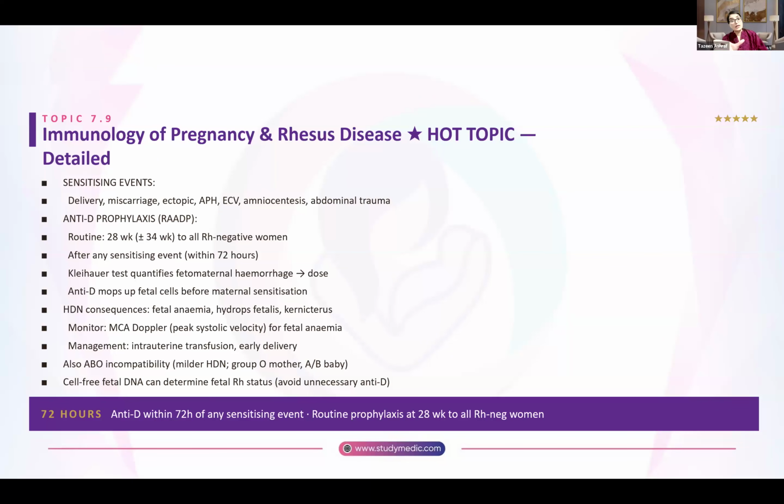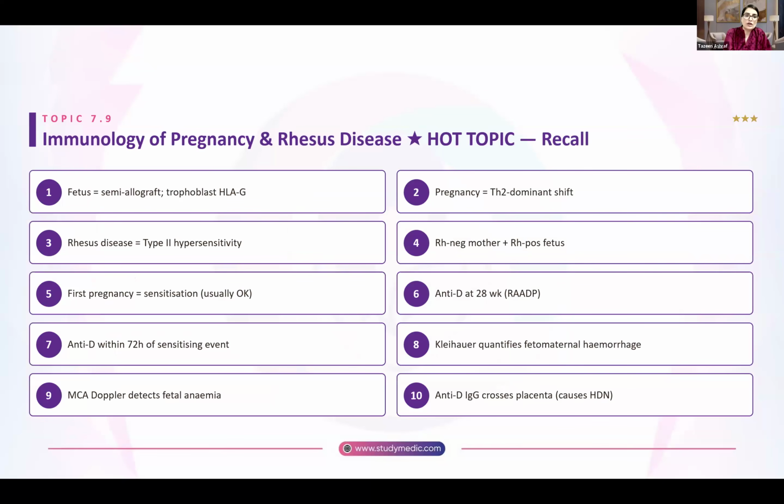If after 6 weeks there is another sensitizing event, even though you have given prophylaxis, you again have to give anti-D. That is after a sensitizing event, and prophylaxis is a different thing. That is a major concept which you have to remember for your exam.